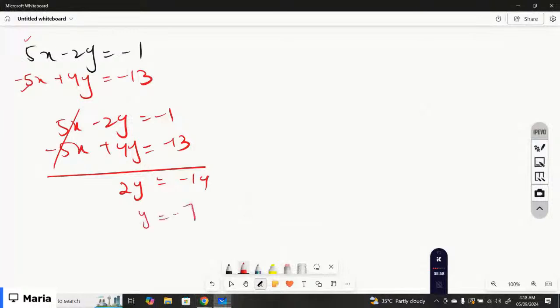Y equals negative 7, right? Now substitute y equals negative 7 in any of the equations and calculate the value of x. 5x minus 2 times negative 7 equals negative 1. 5x plus 14 equals negative 1.